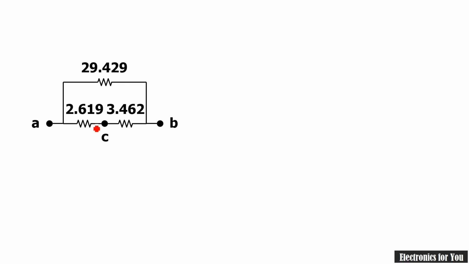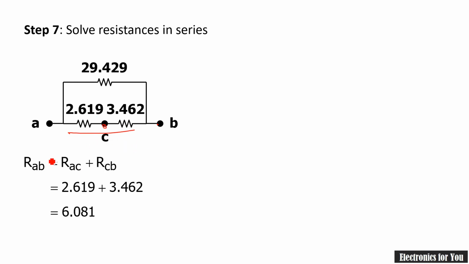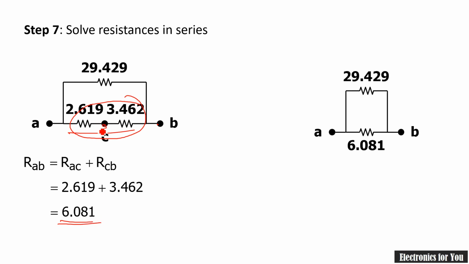Now in between AC and CB, you can clearly see that these two resistances are in series, and therefore they will get added, and RAB for these two resistances only equals 6.081.